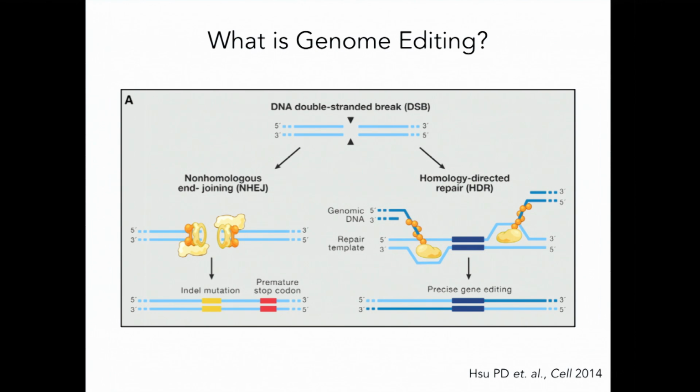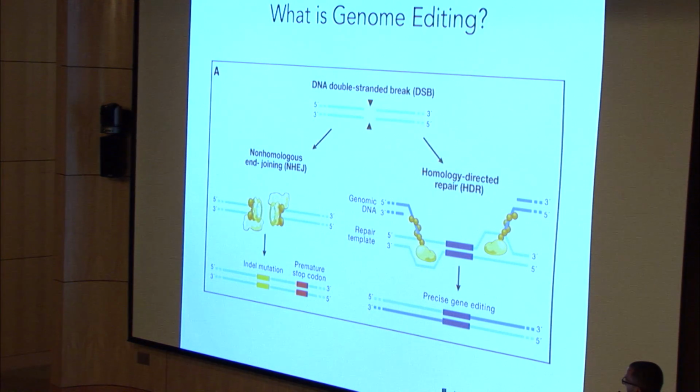And the way that this has been mostly approached has been through manipulating endogenous double-strand break repair pathways. In mammalian cells, this really falls into two main categories that get manipulated during genome editing. In most cells, especially cells that are not actively undergoing mitosis, double-strand breaks are repaired through a process called non-homologous end joining, where two broken DNA ends are directly ligated back to each other.